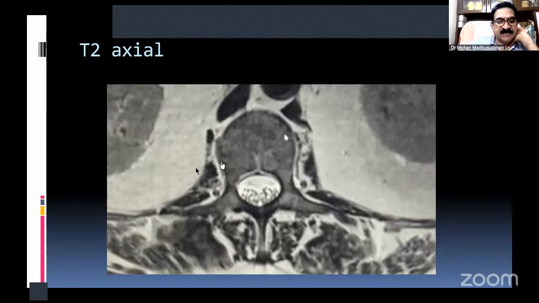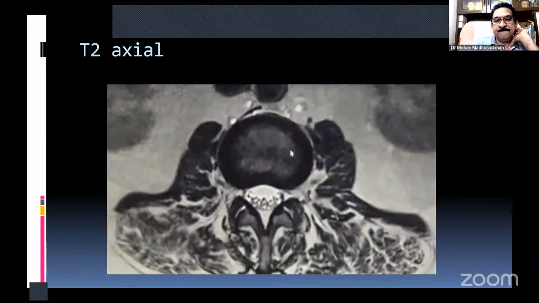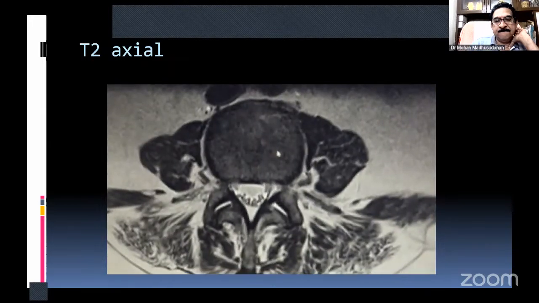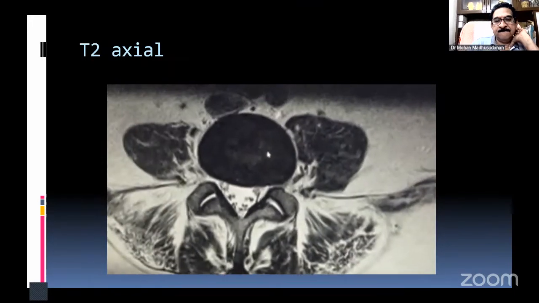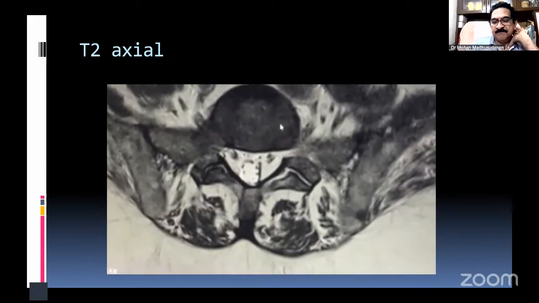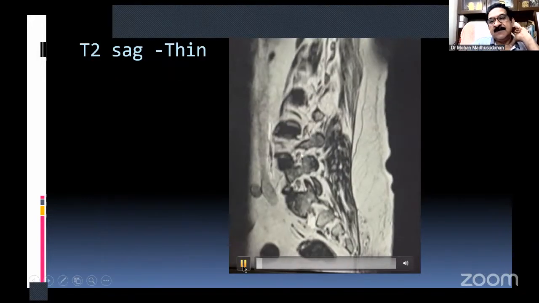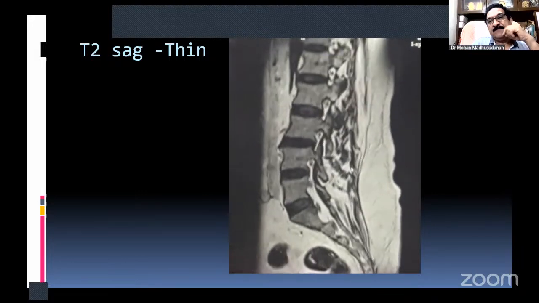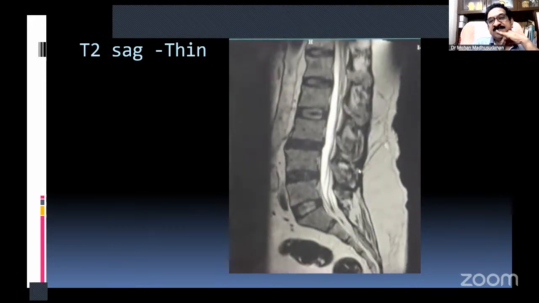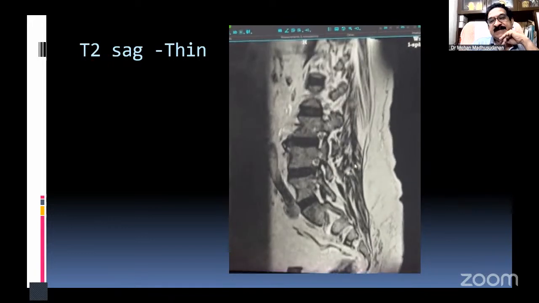This is the T2 axial. A thin-cut T2 was also taken to find out any root compression. The roots are all perfectly clearly seen. No root compression at all. You can see the roots very clearly.